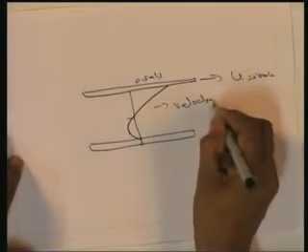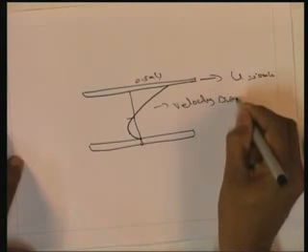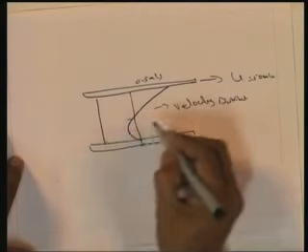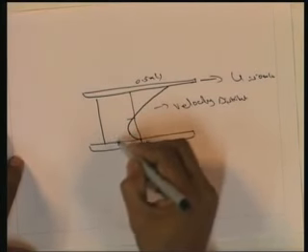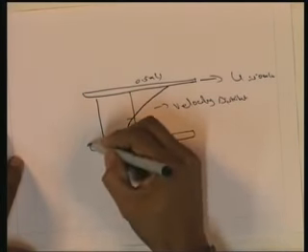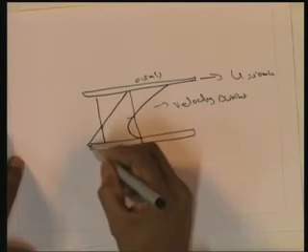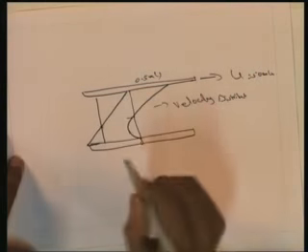Similarly, this is the velocity distribution in this particular case, and if you plot the shear stress, you can see it varies, at some point it will be 0, and then here we have a value, and on the upper plate also we have a value.